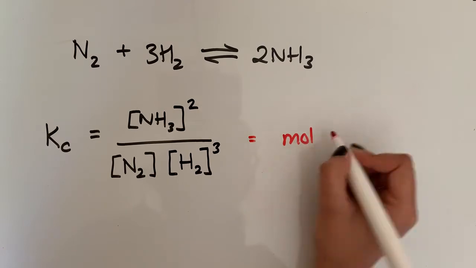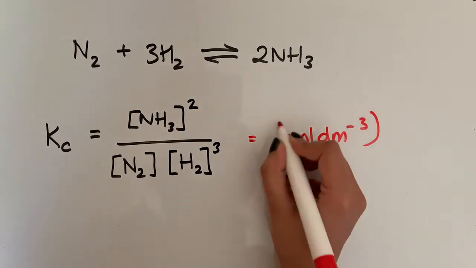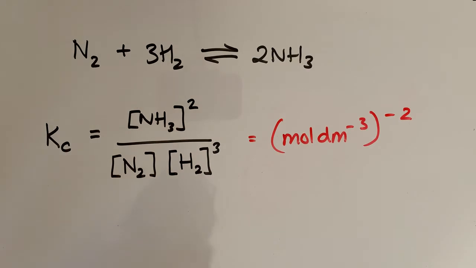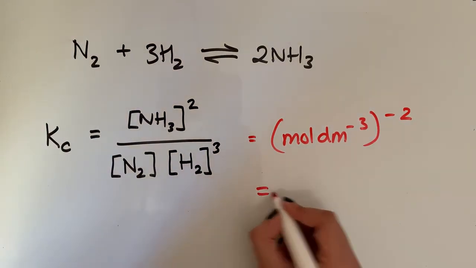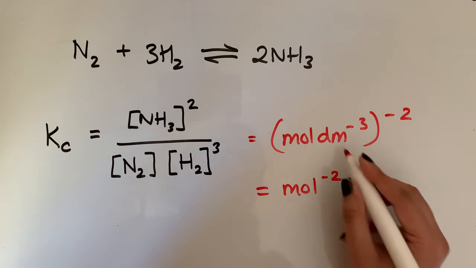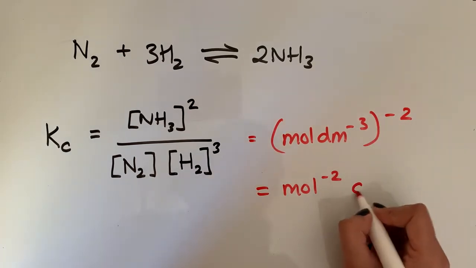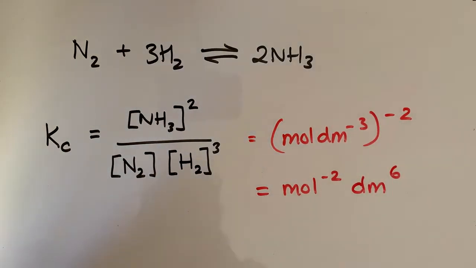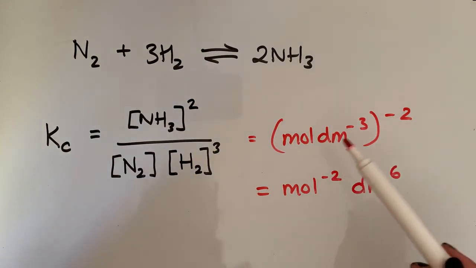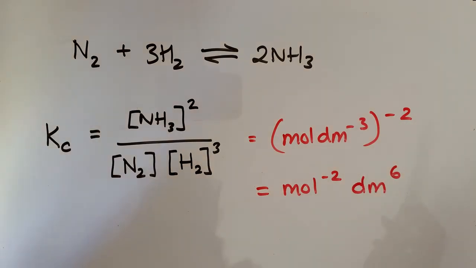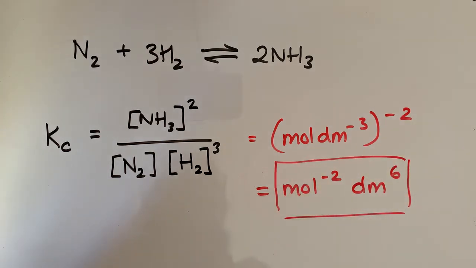It's going to be moles dm minus 3 raised to the power minus 2. Then if you expand the bracket, it becomes moles to the power minus 2, and minus 3 times minus 2 becomes dm to the power of 6. Okay, so this is the way to work out the units, and again it's going to be specific to the reaction that you do, so you should be comfortable simplifying expressions with moles per decimeter cubed raised to different powers. For the Haber process, these are the units for Kc.